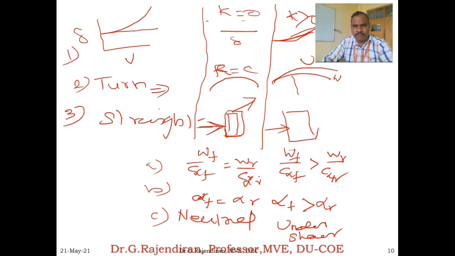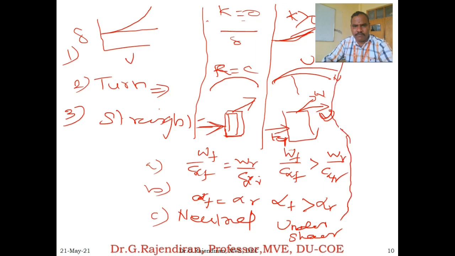Already the neutral steer is that one. The vehicle direction is moving away from the applied force. This is side force or Fy. This is neutral, this is understeer. The vehicle direction is moving away from the applied force. Clear? This is case 2.